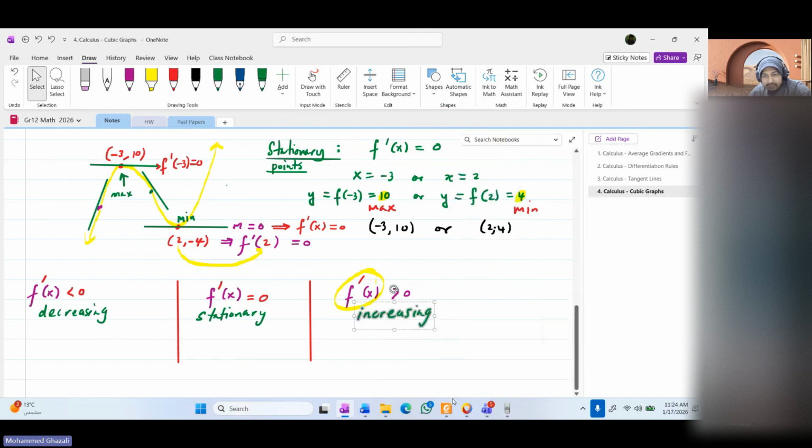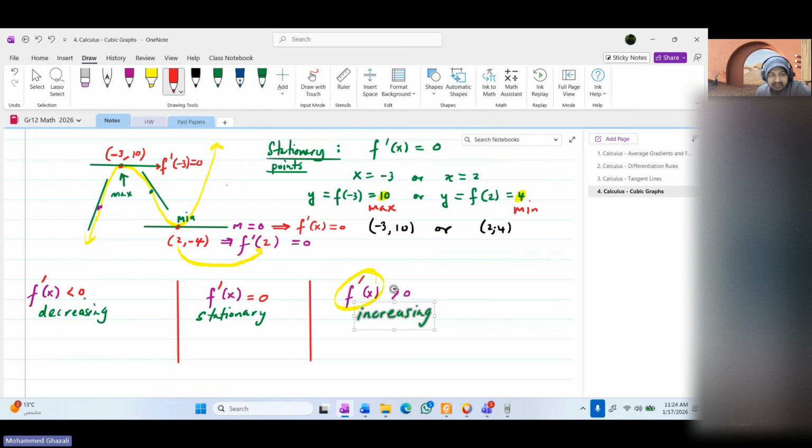Now solving them, when is this function over here decreasing? Now remember, these notations can also appear in maths paper 2. So instead of asking you when is the cos graph or the sine graph decreasing, they will say when is f prime x less than 0. So you must know that this means decreasing.